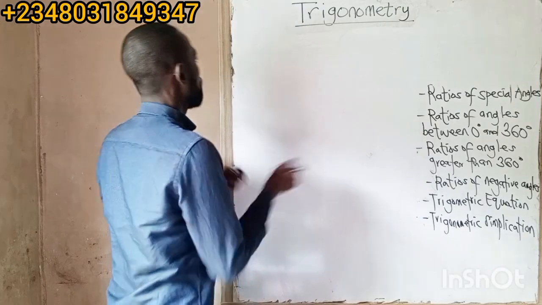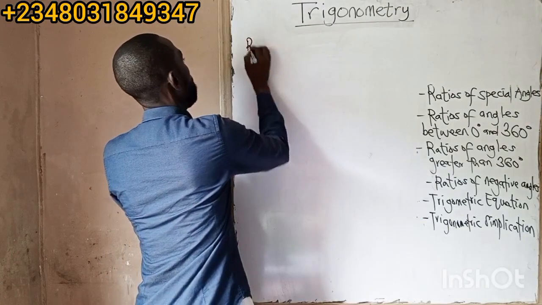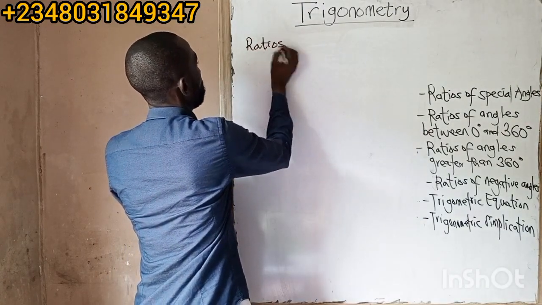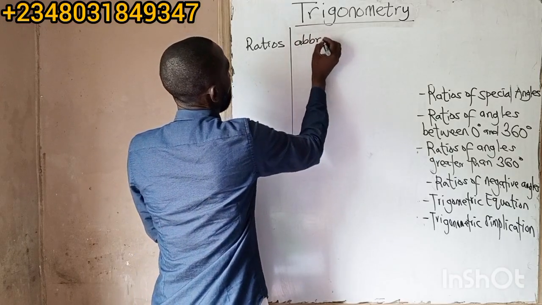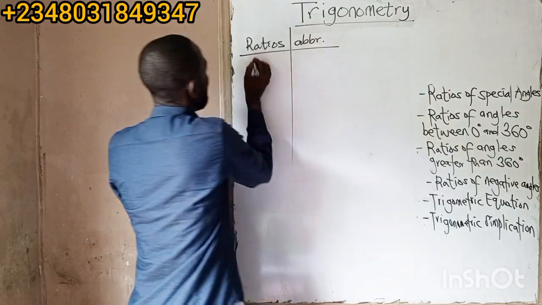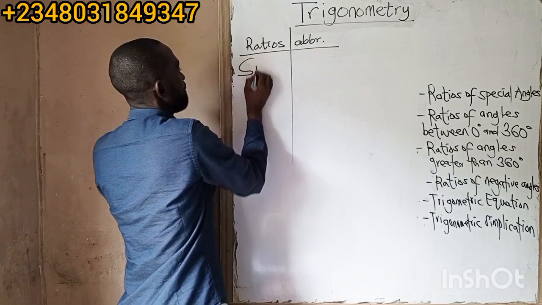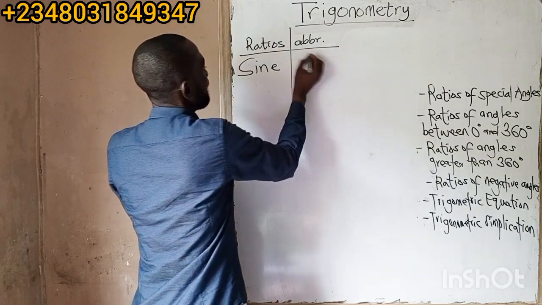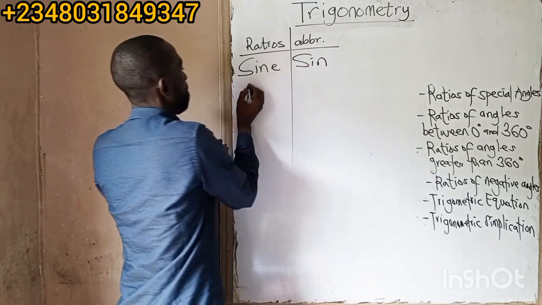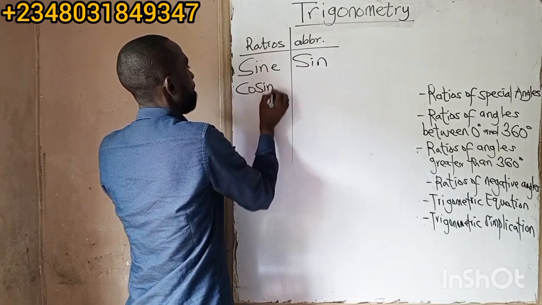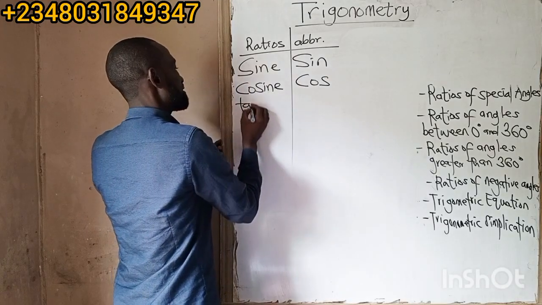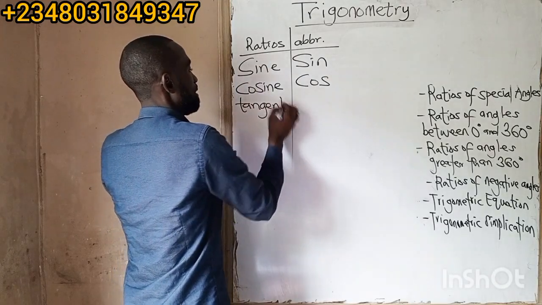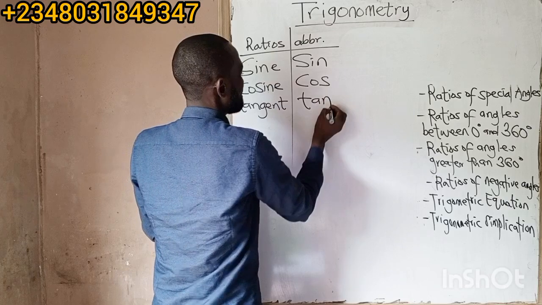The first one, the ratios, then the abbreviated form. Sine is abbreviated as sin. Cosine is abbreviated as cos. Tangent is abbreviated as tan.